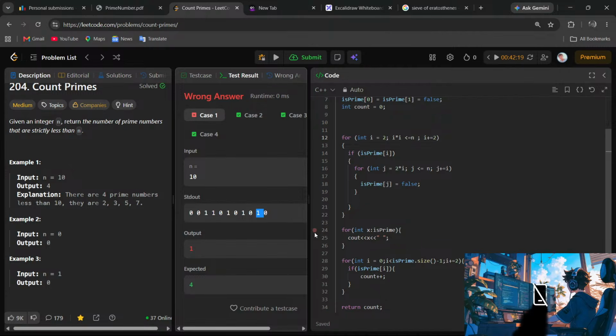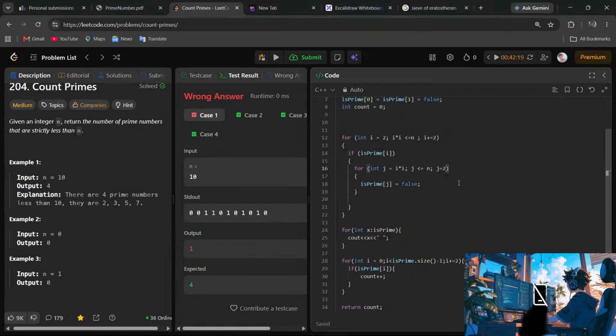Wait a moment. J plus I is equals to 2 into J. 2 into J. J is equals, oh yeah, 2 into J or 2 into I?